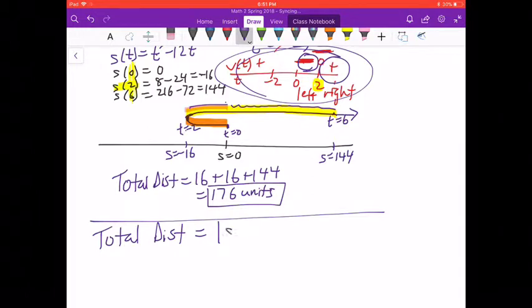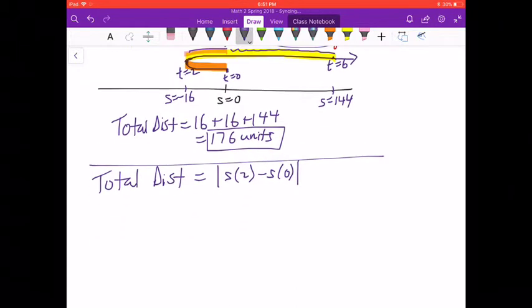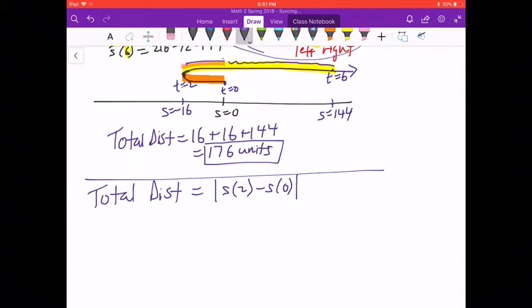So I'm going to go s of 2 minus s of 0. And I'm doing this in absolute value. That way it gives me a distance and it won't give me negatives. So s of 2 minus s of 0. Plus, I'm going to do it again. I'm going to go the absolute value of s of 6 minus s of 2.